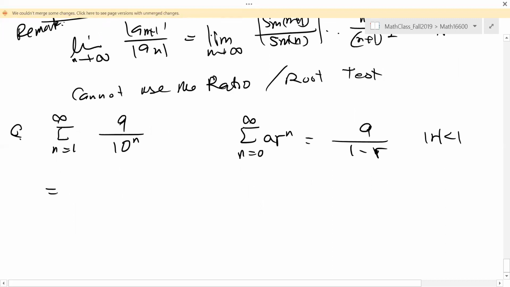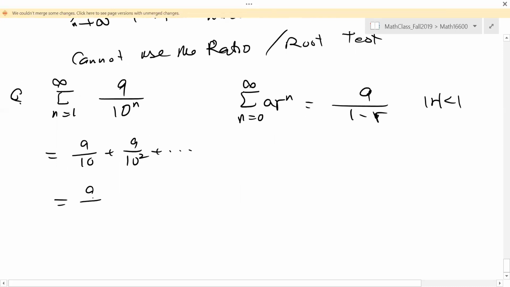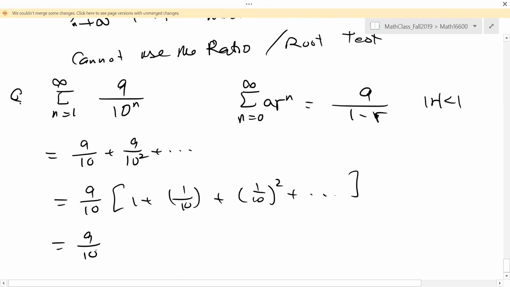But the first term here is actually 1 over 10, right? So if I take this out, I can apply the above formula, and that's going to be 1.